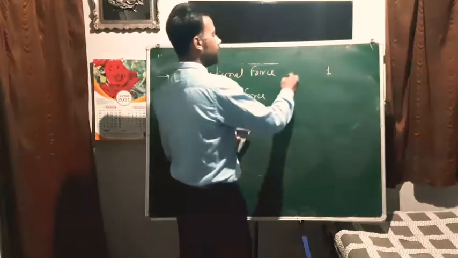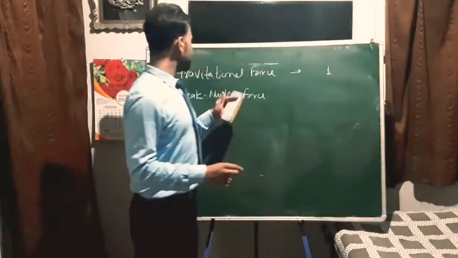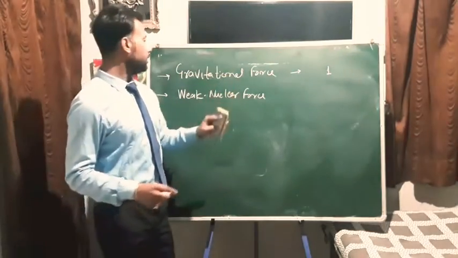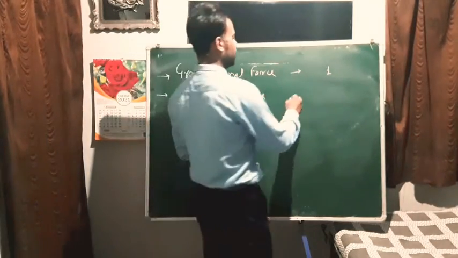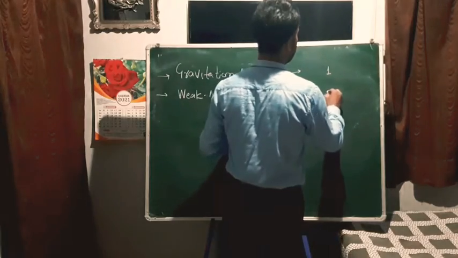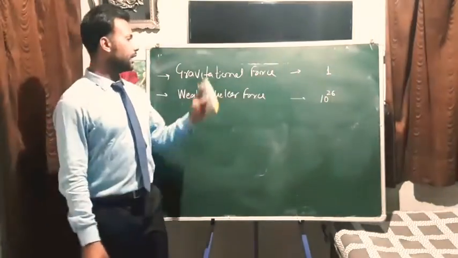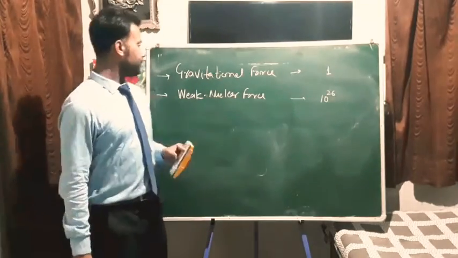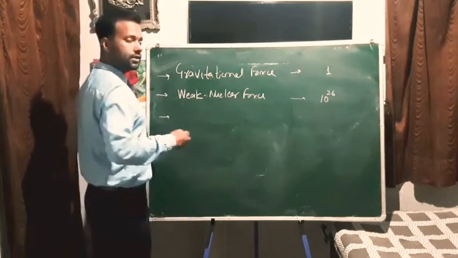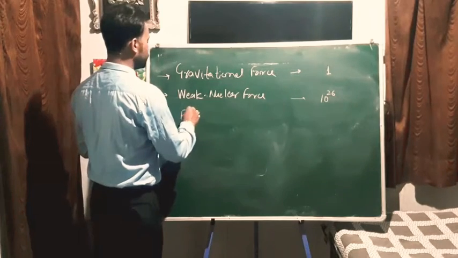If the magnitude of gravitation is taken as 1, then the weak nuclear force will be 10^26 times stronger than the gravitational force. Then we have the next force, that is the electromagnetic force.